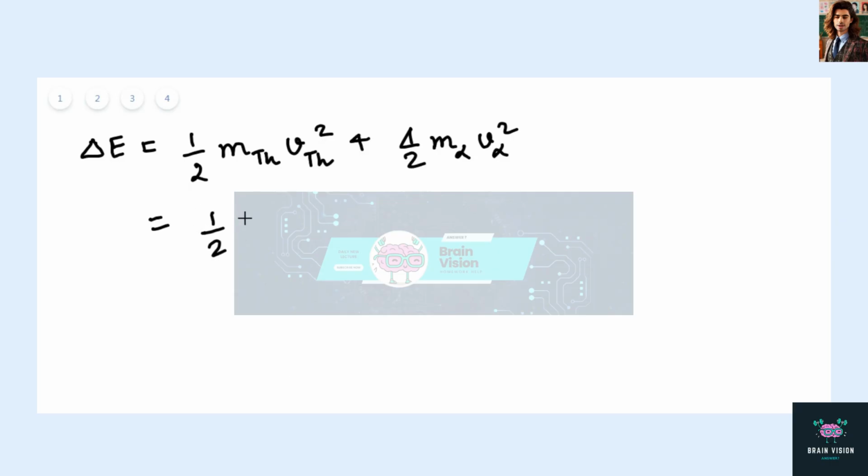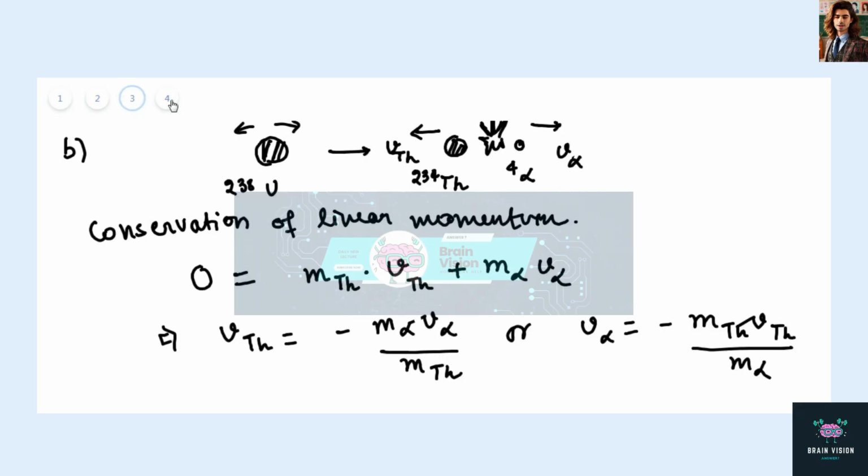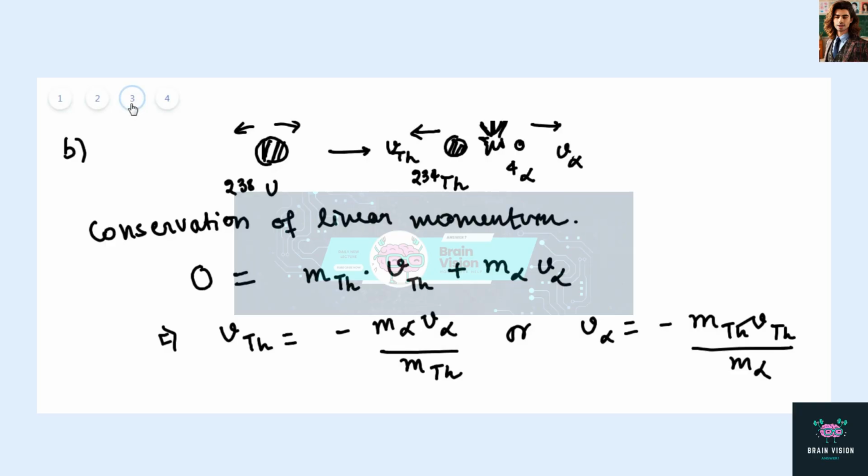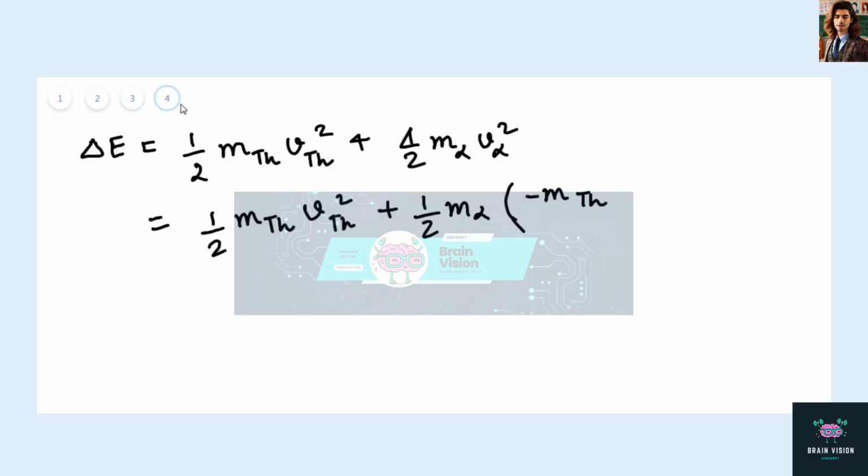Half m thorium V thorium square plus half m alpha times minus m thorium V thorium by m alpha, square. Okay, the negative sign falls off due to the square.